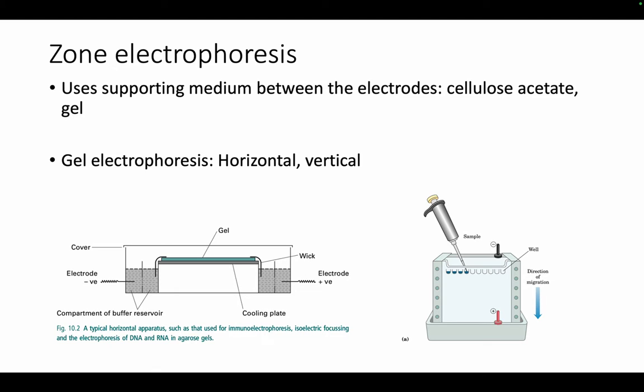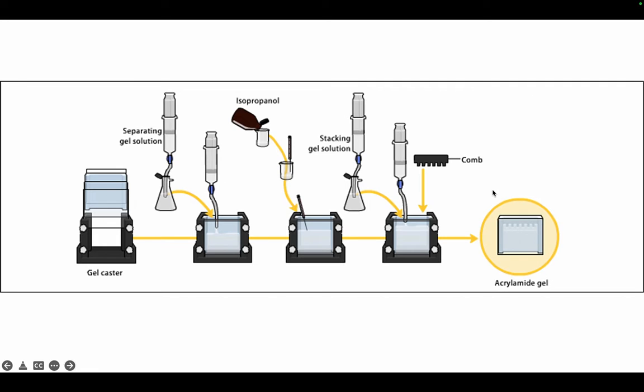Again, there are two main types of gel electrophoresis. This is a horizontal gel electrophoresis, and this is a vertical gel electrophoresis, so the electrodes are at the top and bottom, and the sample is traveling vertically. Now, how we run a vertical gel electrophoresis, something like a polyacrylamide gel, which we run for proteins: we have to cast the polyacrylamide gel between two glass plates, and then we use this comb to make wells on the top where we can load our sample.